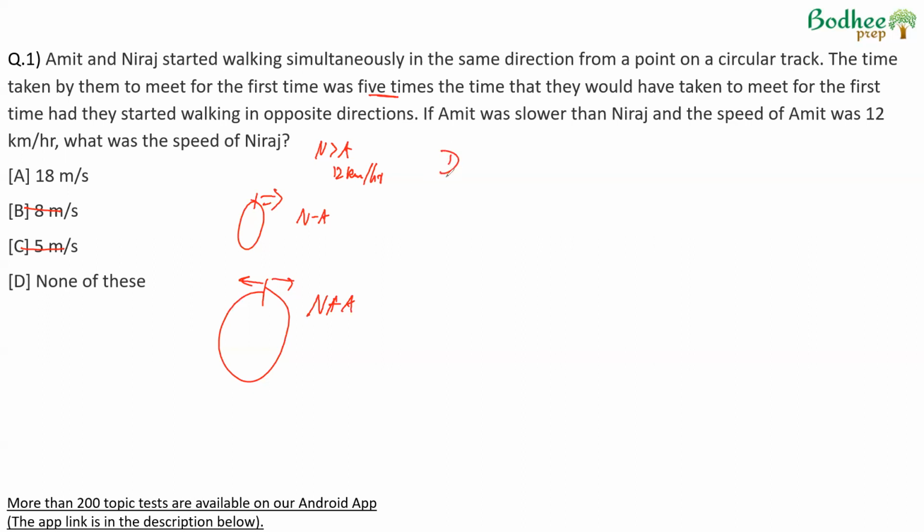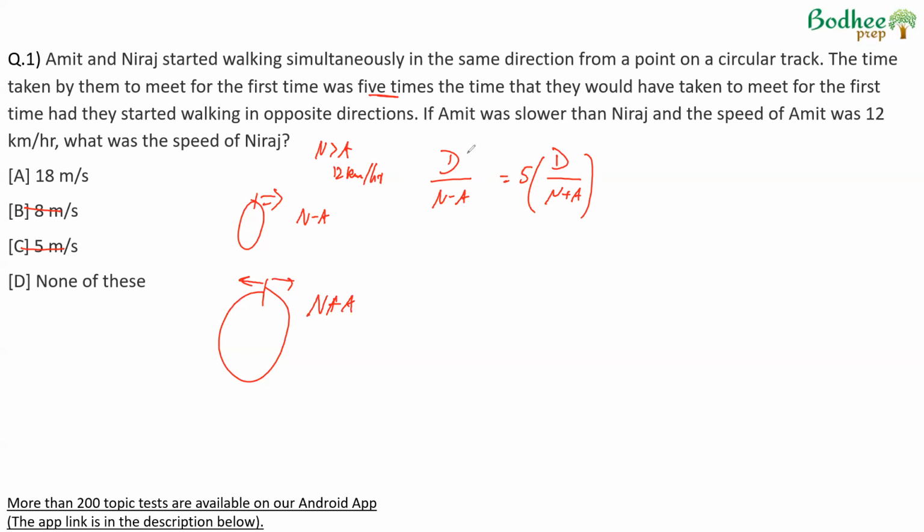If the circumference of the circle is d, the time to meet when they're walking in the same direction will be d upon n minus a. And the time to meet when they're walking in the opposite direction will be d upon n plus a. This time is 5 times of this, so equal to 5 into this.